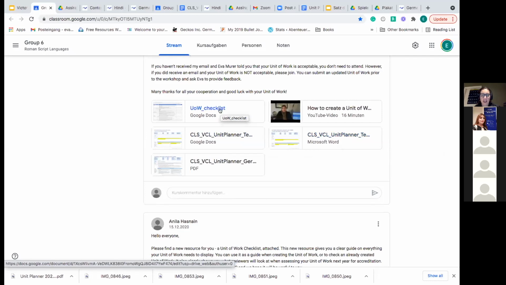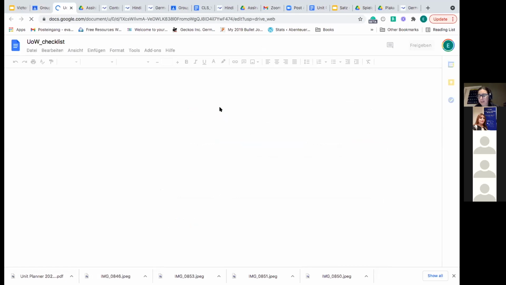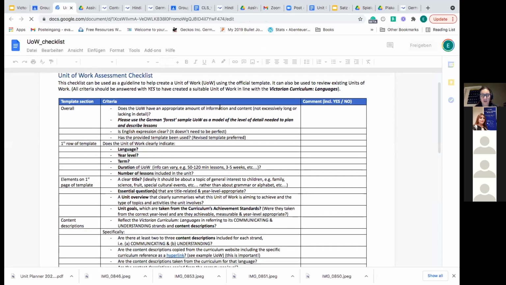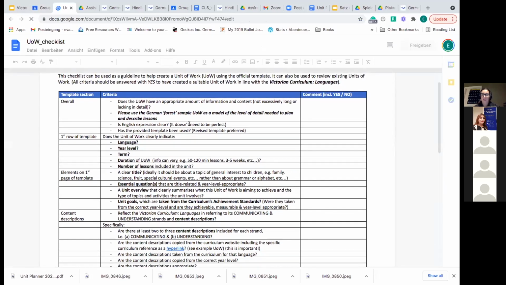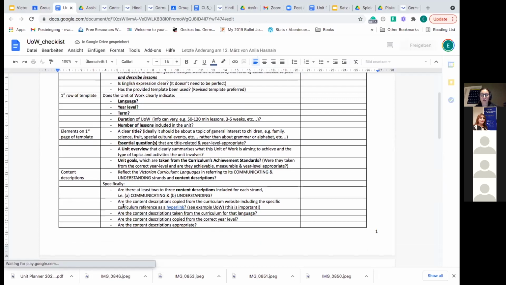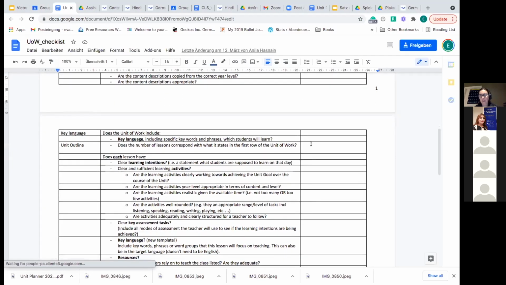Then there is the checklist, and that's a really important part. So please use this checklist when you are working on your drafts. Go through all the different titles. Everything you have to have in your unit of work is listed here, really in detail. And then you can tick it as you go along when you put them in.